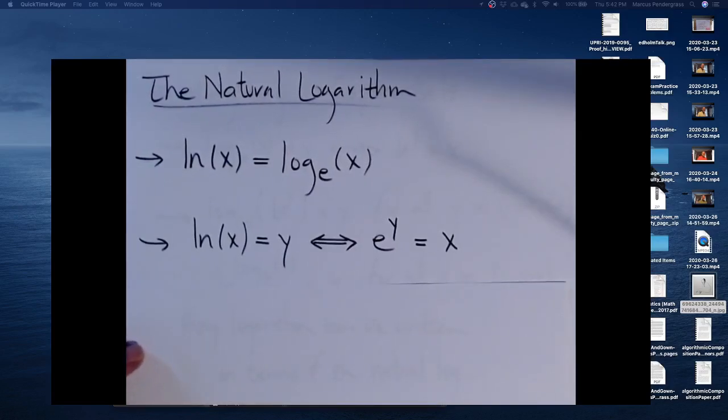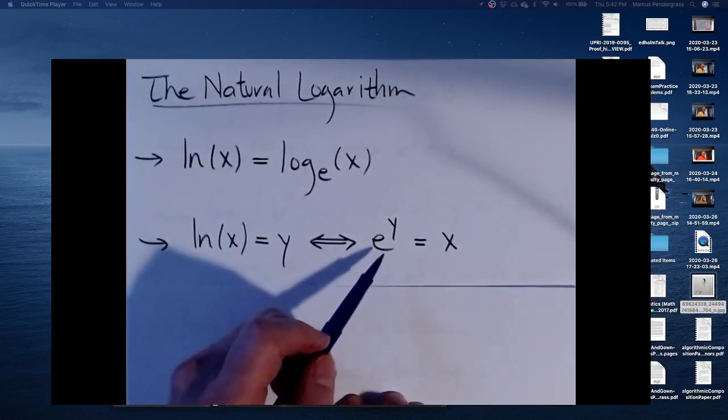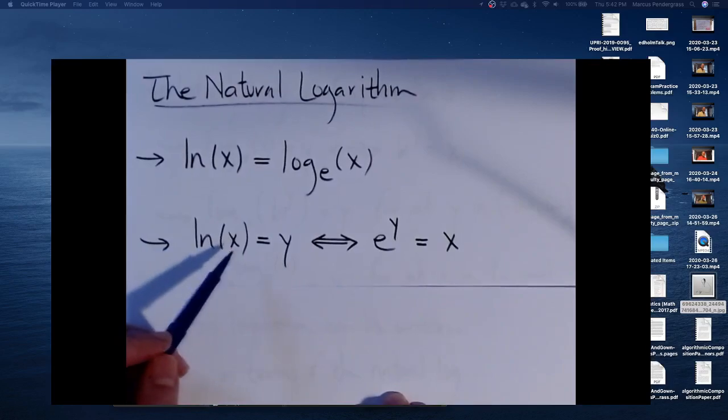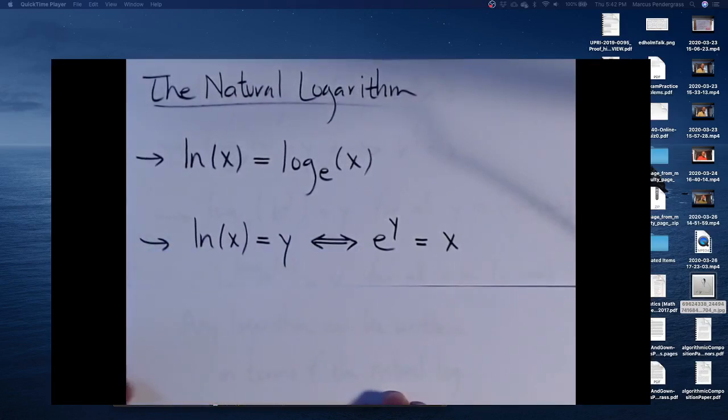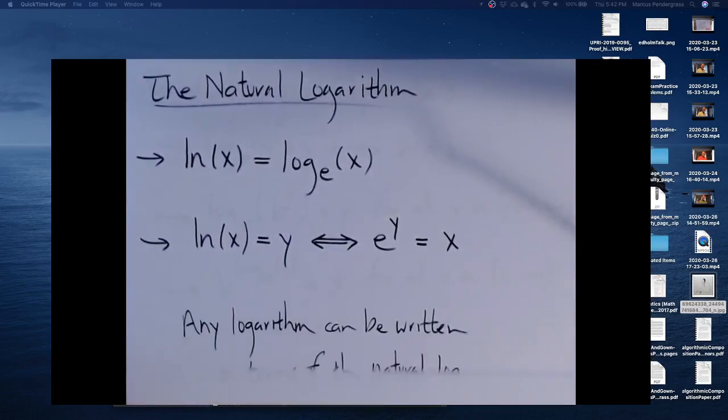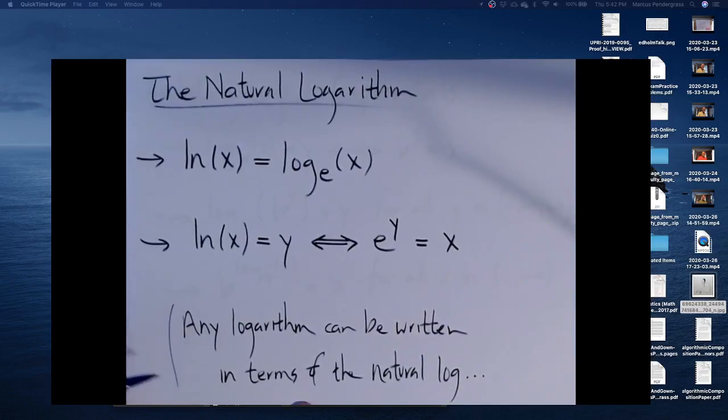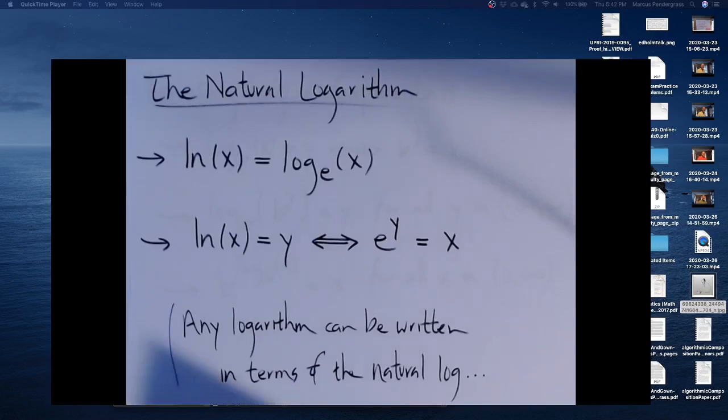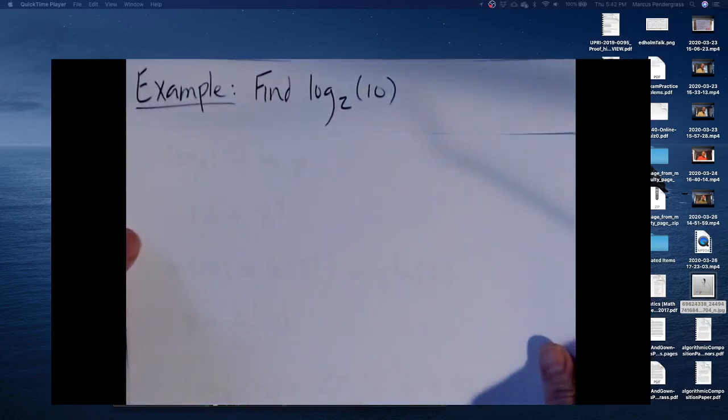And it has that inverse relationship with the natural exponential. Natural log of x equals y if and only if e to the y equals x. And so one thing that comes out of all this is that any logarithm can be written in terms of the natural logarithm. So let's look at an example there.